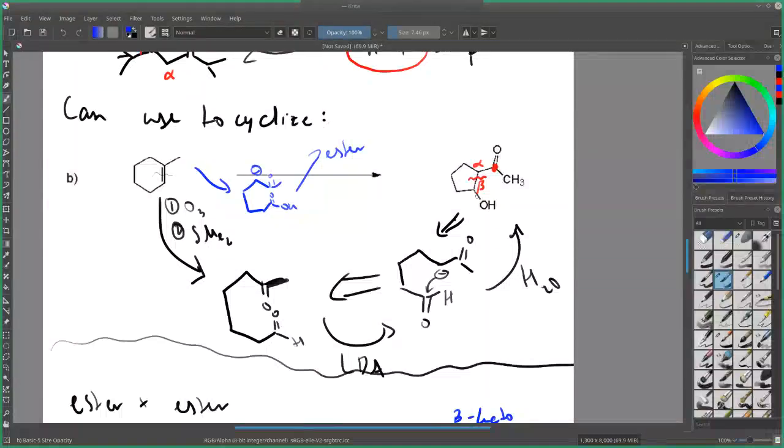But then you'd get two ketones, and how do you selectively produce one of them over the other? They'd be equally reactive, so it would be hard to say I want to make this ketone into an alcohol and not this other ketone. So that's where this one would run into problems.